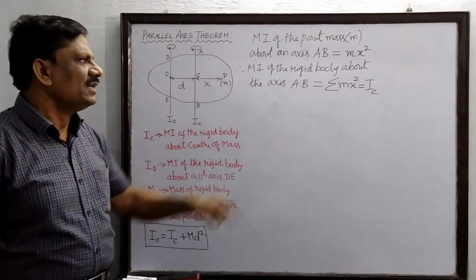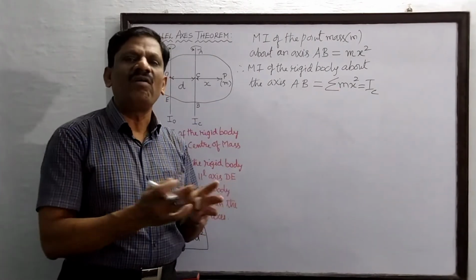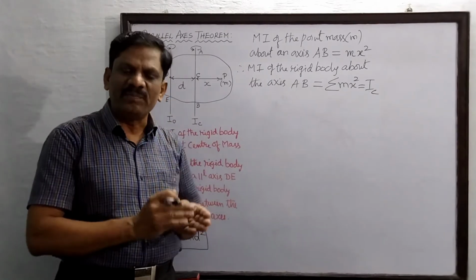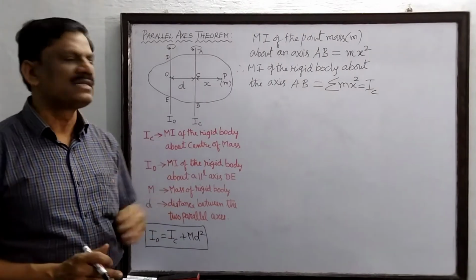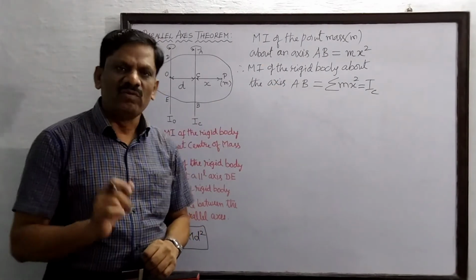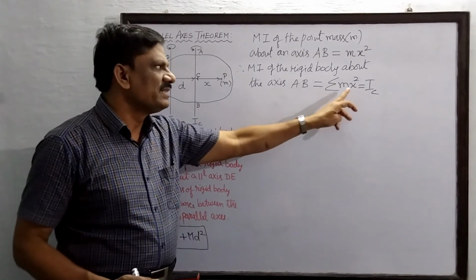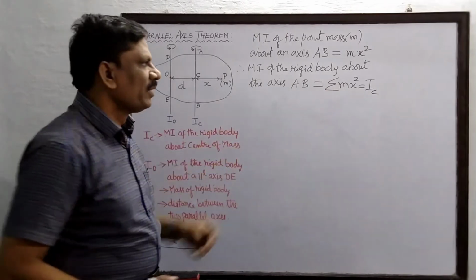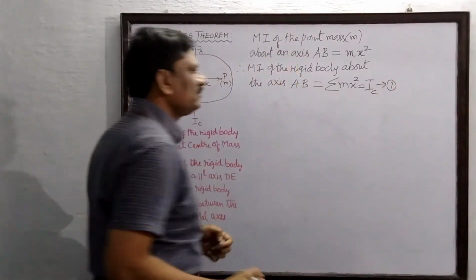Okay students, so sigma mx square means what? It is the algebraic sum of all the products of the mass of the particles and the square of the distances of those particles from the given axis AB. Have you understood? Therefore, this I_C represents sigma mx square. This can be called equation 1.